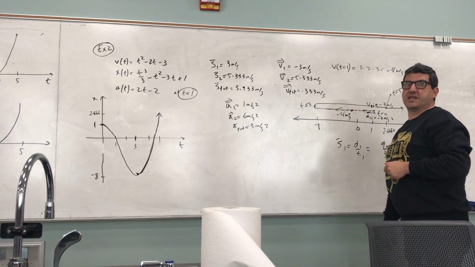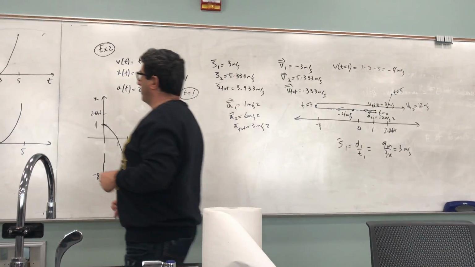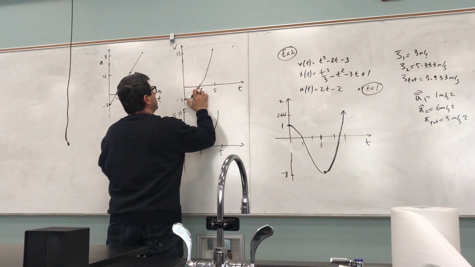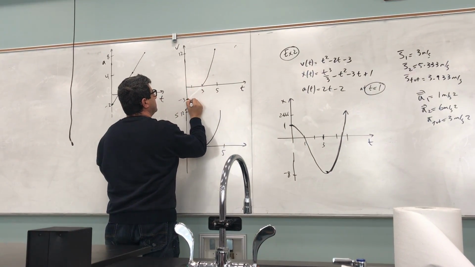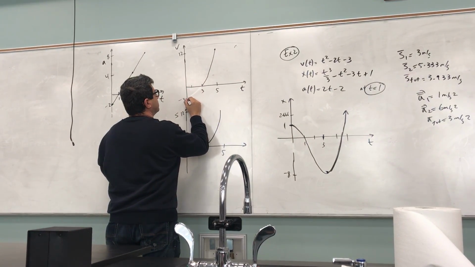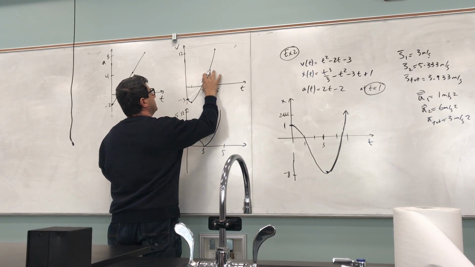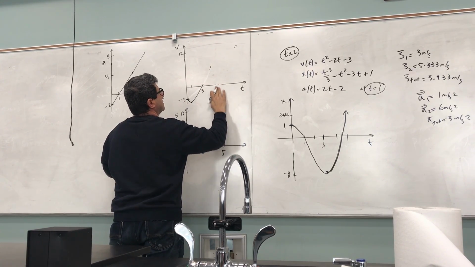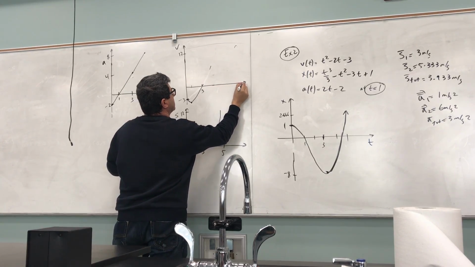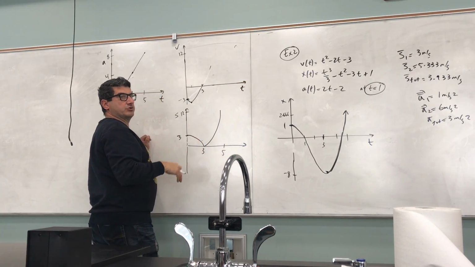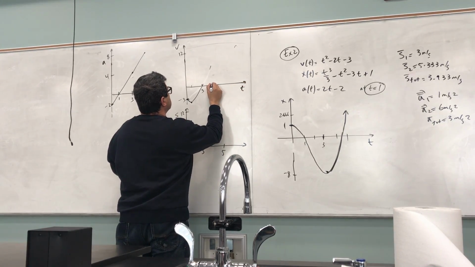Then it slows down, right? So, okay, now we got it. It goes like this. This is all the graphing techniques that you learn in Calc 1, right?